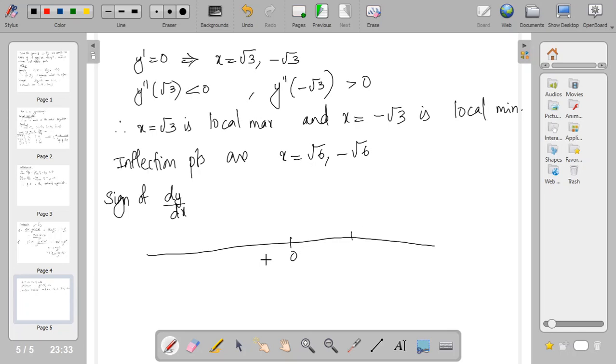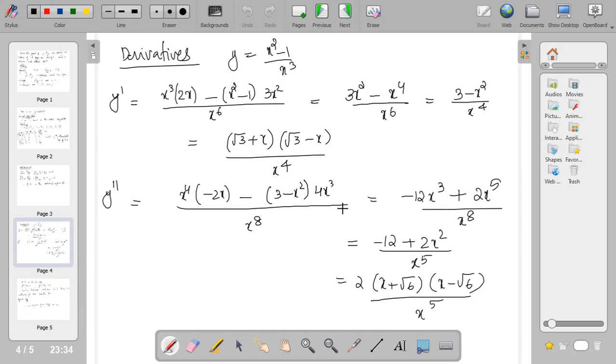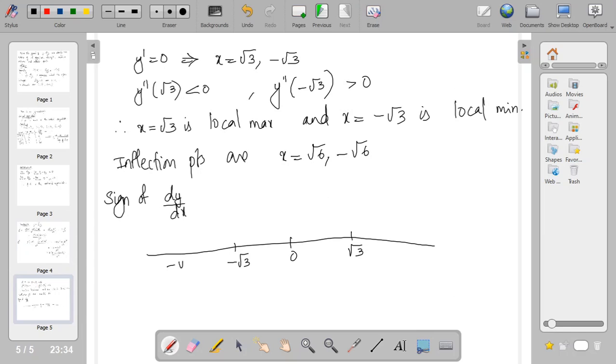So let us see how the sign changes in these intervals. So when you have from minus infinity to minus root 3, this will be negative, this is positive, so that is going to be negative. So in the first interval it will be negative.